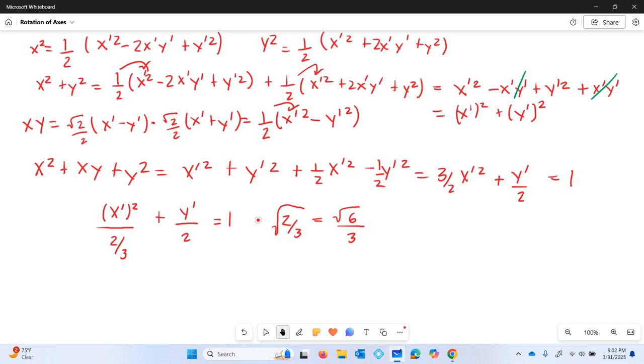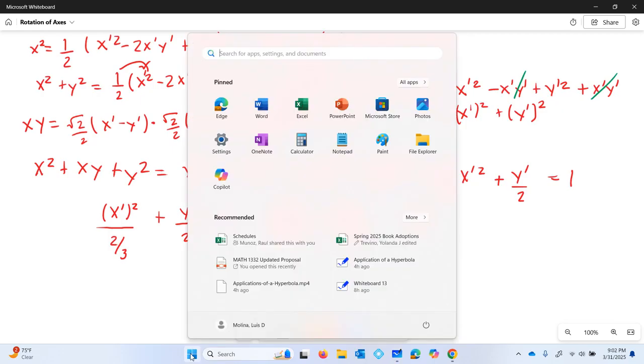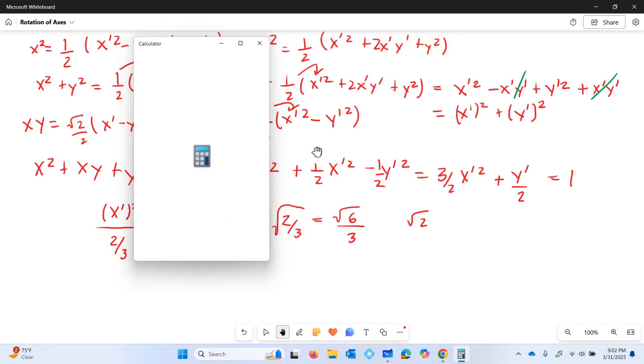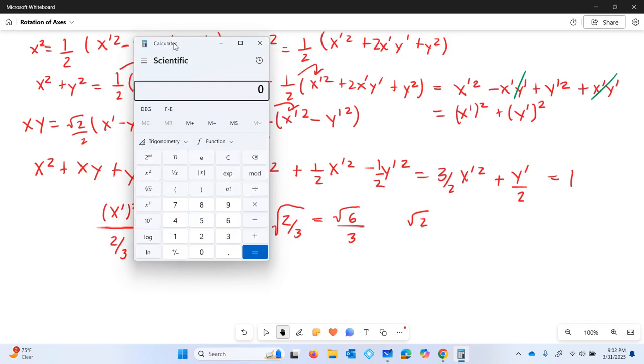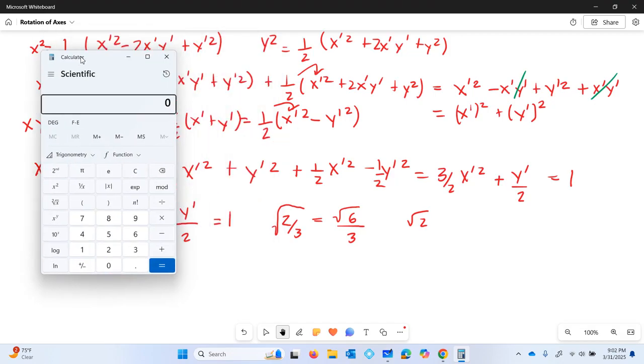So we have the square root of 6 divided by 3, and then we also have the square root of 2.